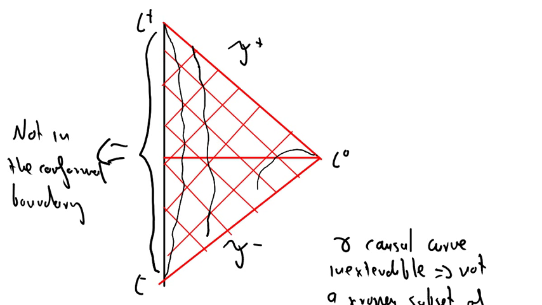So causal curves, inextendable causal curves, cannot reach I naught. That's why I naught is called space-like infinity.